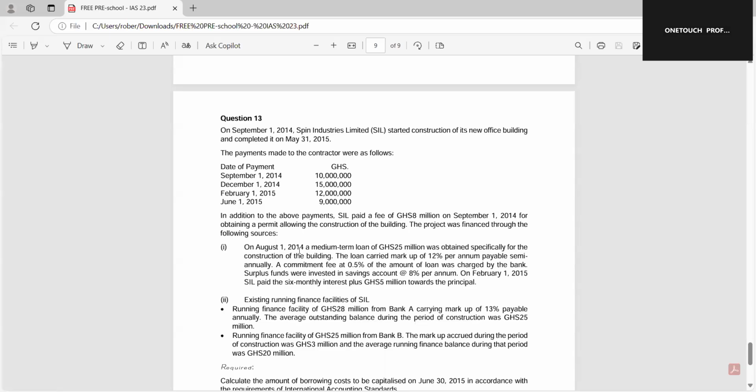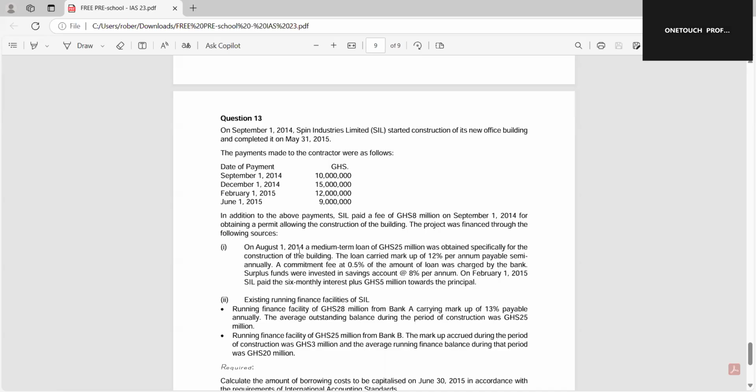True. But remember that for the whole of August, we're not capitalizing borrowing costs. So such investment income will go to profit or loss, or the statement of financial performance in the public sector. Did you get it? Yes, please. But we are interested in investment income during the period of construction. So let's see.